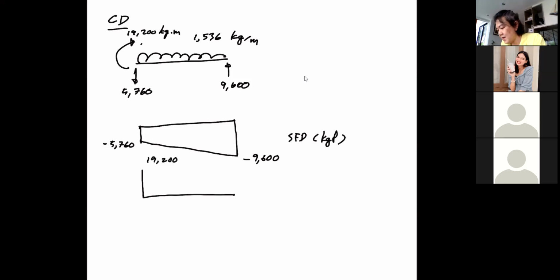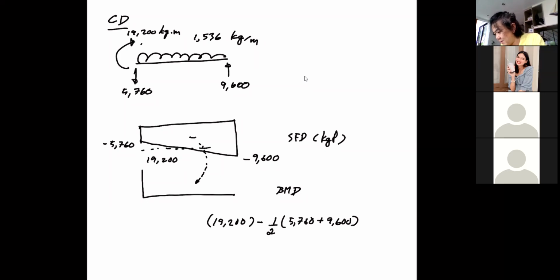19200. Okay, and this is negative shear. You can prove that, but you probably have done so in your free body diagram, that the bending moment at D is 0 by saying 19200 minus the total area, that's a half of the average value of 5760 plus 9600, and then that's the average height, right?